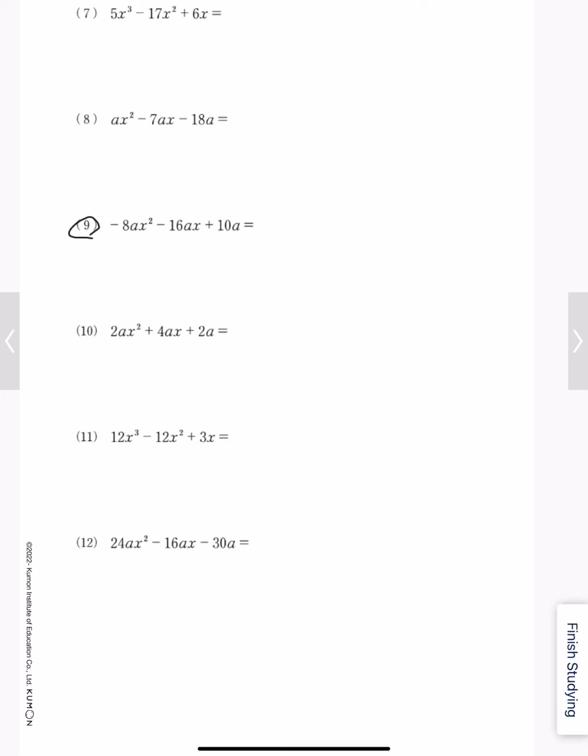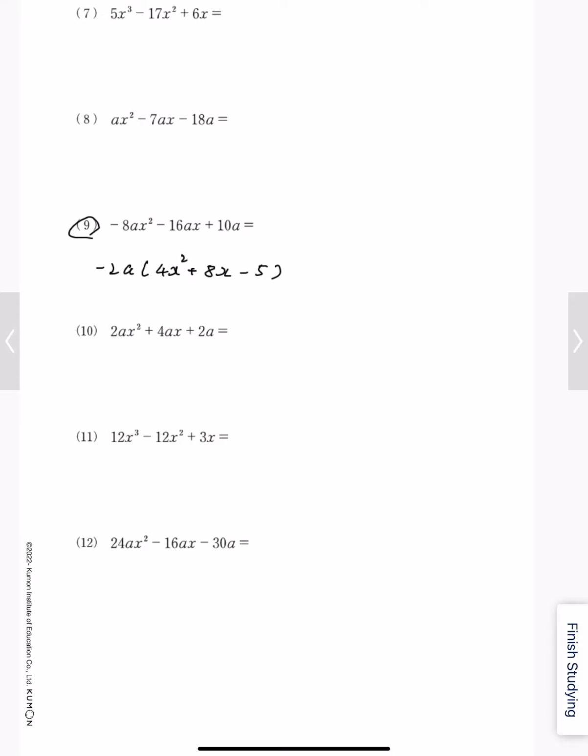And with that, let's try this one now. You can see that you can take out the -2 out of everything, right? -2a out of everything, actually. -2a. So this would be 4x squared plus 8x, and then minus 5. Okay, same exact thing that we were doing before.